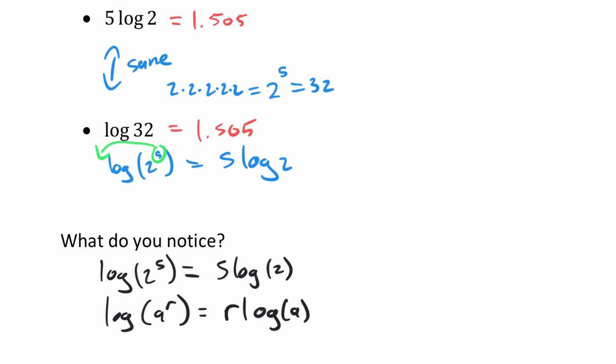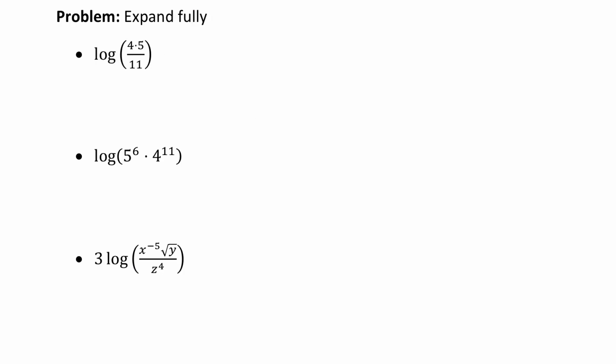Anytime you have an exponent inside of a logarithm, you can take that exponent out and make it a coefficient in front of the logarithm. This is our third and final log rule, and we're going to now use it with the other log rules to practice some expansion.